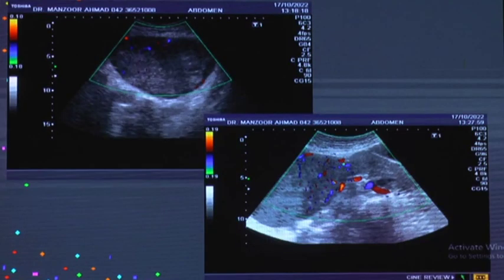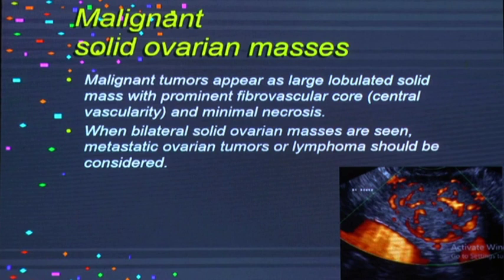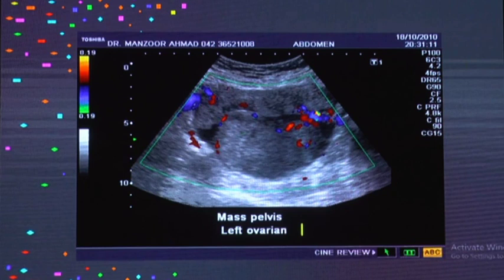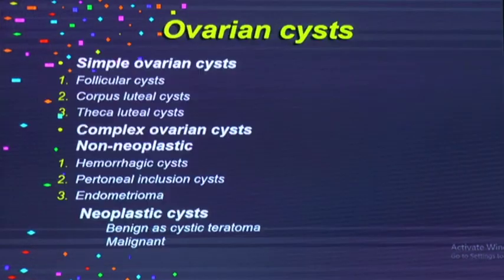As you can see here in this picture, vascularity is peripheral and the mass has a smooth outline, so it is a benign mass. The malignant tumors appear as a large lobulated solid mass with central vascularity. And if they are bilateral, then we have to keep in mind metastatic ovarian tumors as well. Another case of a solid ovarian mass with central vascularity, most likely it is a malignant mass.